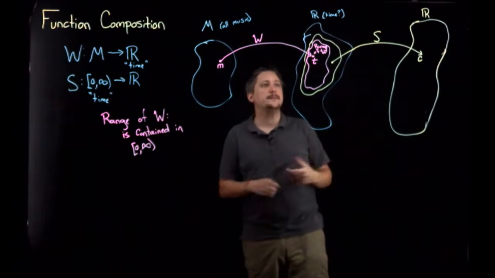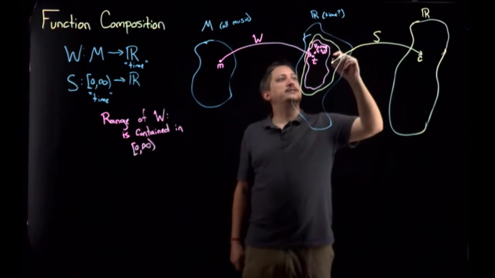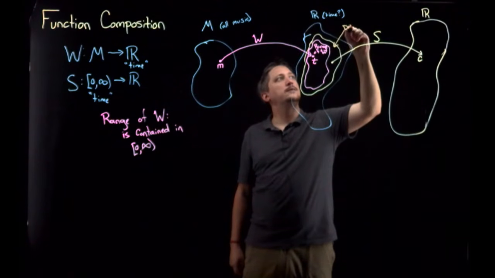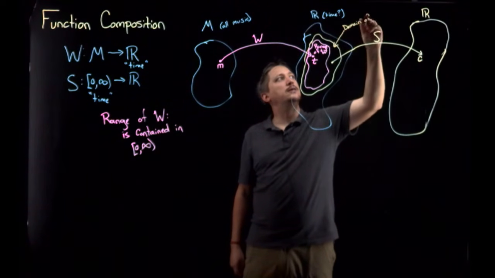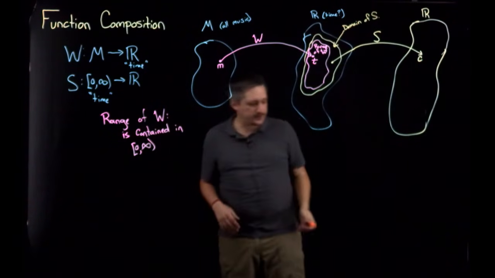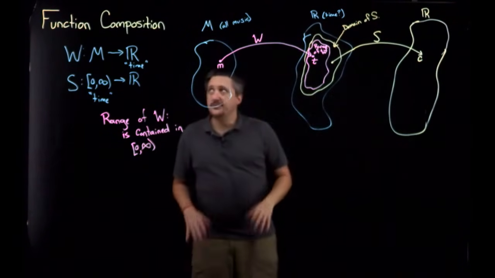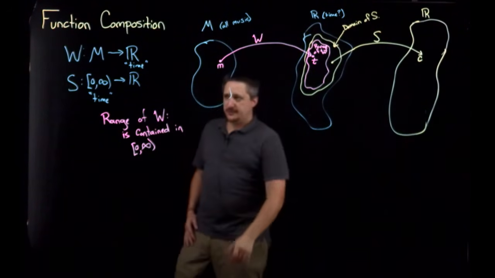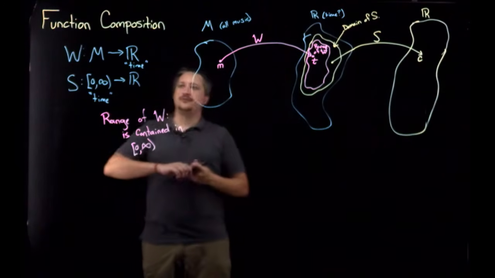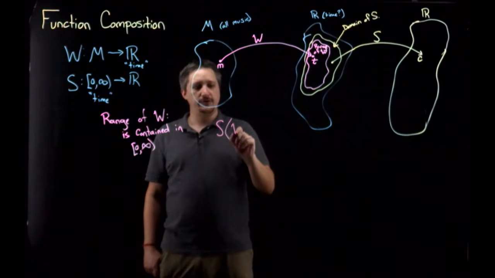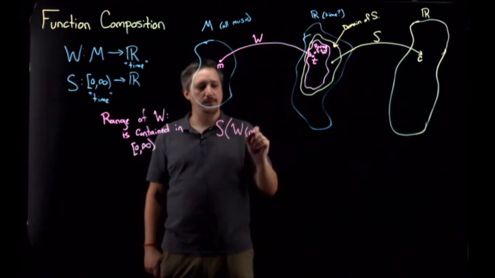So to be clear, this piece here is the domain of s. All right, so why is that important? Why am I making a big deal of this? Because when I try to compose these things, right, I did earlier, I claimed I did something like s of w of m.